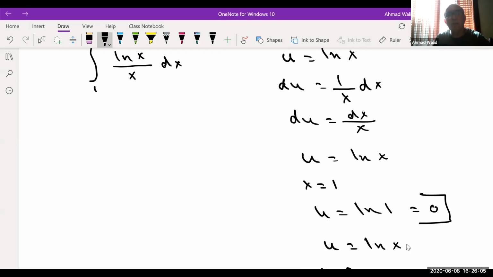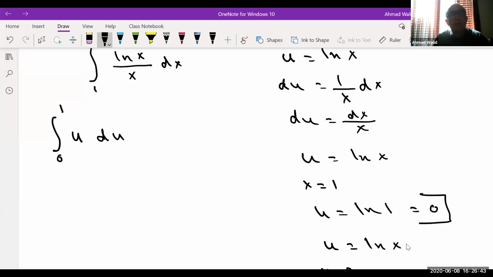Now I will do the substitution. I will write the integral with new bounds. My lower bound was 0, and my upper bound is now 1. From 0 to 1, instead of ln x over x, you can write u du, because your du covers dx over x, correct? It will be the integral from 0 to 1 of u du.